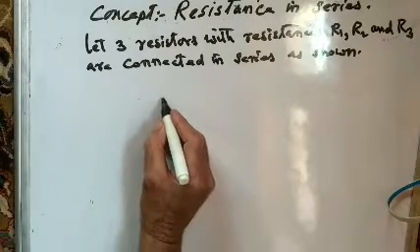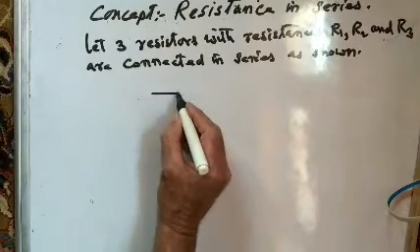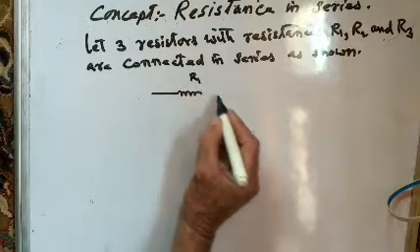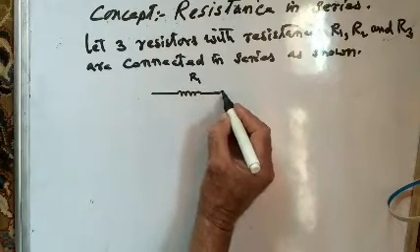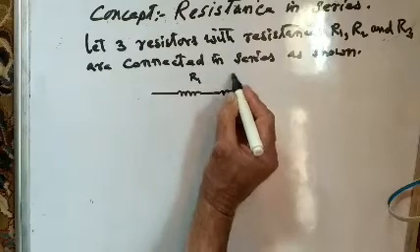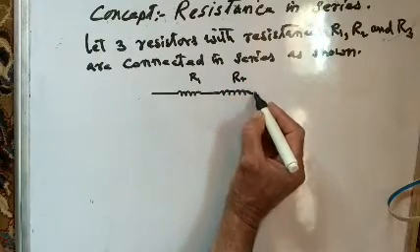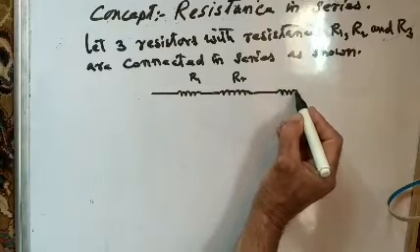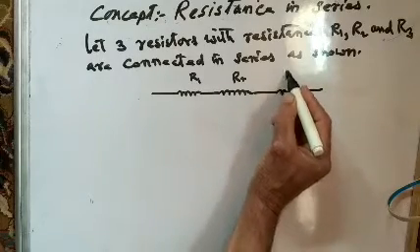Let this be one resistor with resistance R1. Let this be the second resistor with resistance R2, and let this be the third resistor with resistance R3.